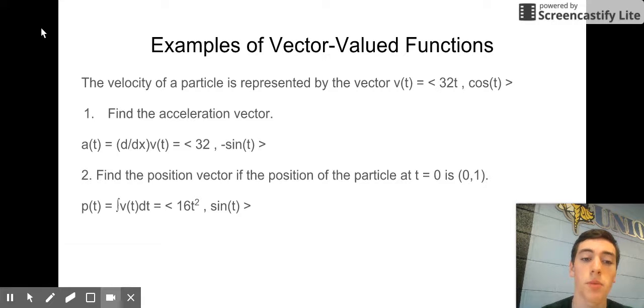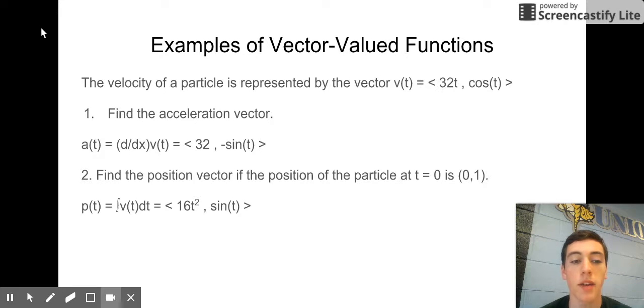But the second problem is find the position vector if the position of the particle at t equals 0 is (0, 1). So we know that if we plug in t equals 0, let me see, my bad. So we'll take the integral of it, which would be 16t squared plus c for the x value, and sine of t plus c for the y value.